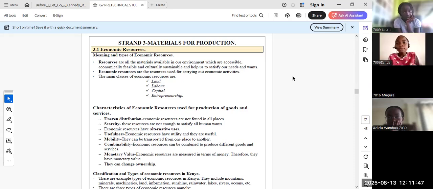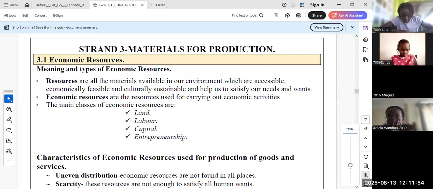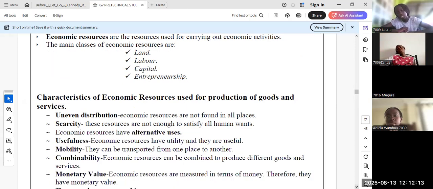We went ahead and defined economic resources, and we said that economic resources are the resources used for carrying out economic activities. Such economic resources include land, labor, capital, entrepreneurship. These are the 4 main classes of economic resources.